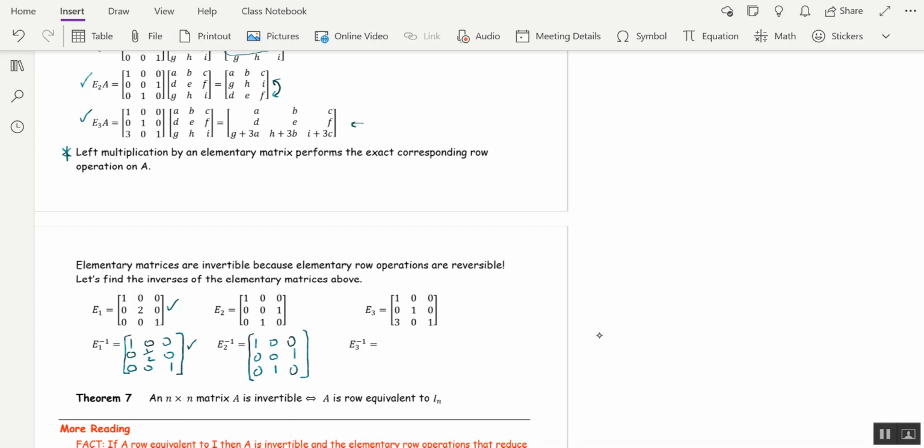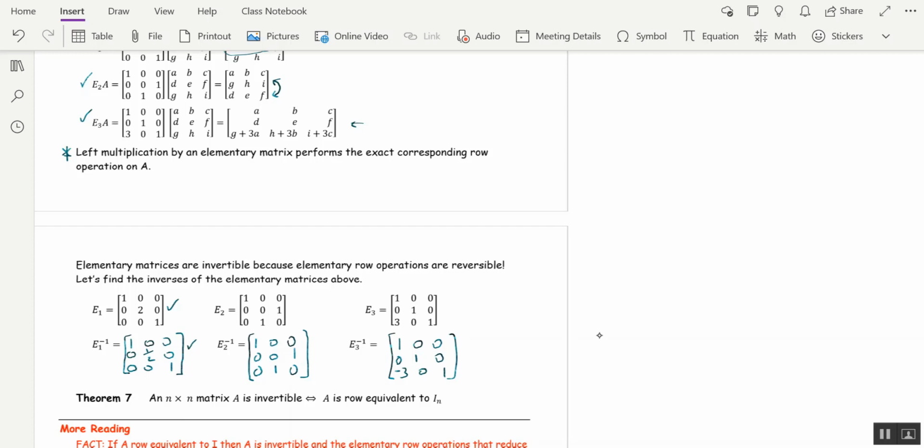All right, and finally, E3 inverse. How would I undo replacing row 3 with 3 row 1 plus row 3? Well, I would go like this. 1, 0, 0, 0, 1, 0, -3, 0, 1. I would add -3 row 1 to row 3, and that would undo what I did.